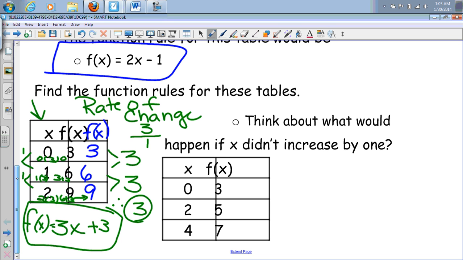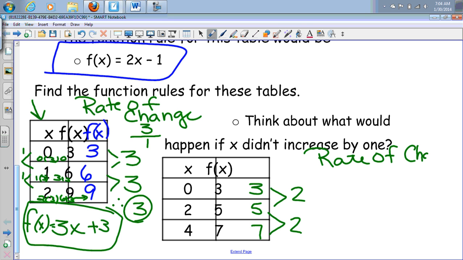What do you think happens when we don't increase by 1 in the x value? Well, let's see. This is a 3, this is a 5, this is a 7. Increases here, 3 to 5 is 2. Increases here, 5 to 7 is 2. So my rate of change is 2 for the y.